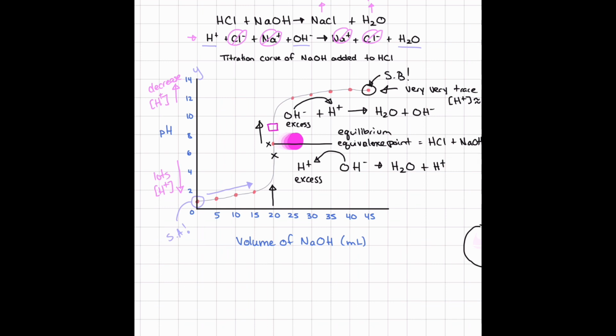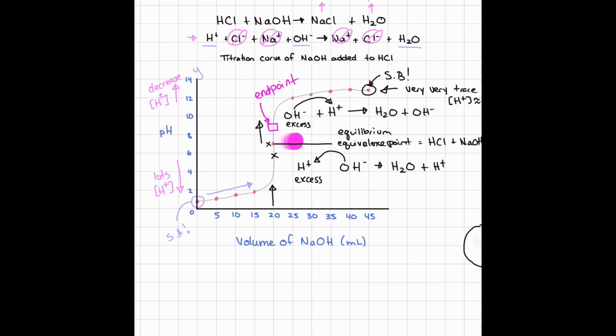Now, that's a pretty small window. What do you notice about that though? Well, we know that it's going to be our endpoint because that's what we visualize. But it also surpassed the equivalence point just slightly.